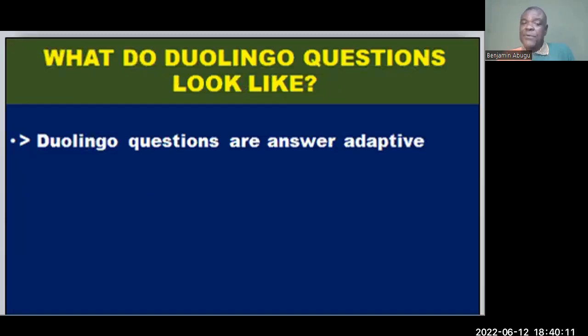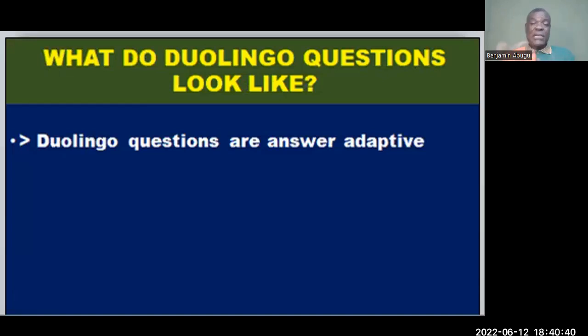But if you answer a question incorrectly, you might get an easier question after that. Now, the reason being that the test is about finding your level, whether you are a beginner or an intermediate or you have gotten to an advanced stage. So that is what the test is about.